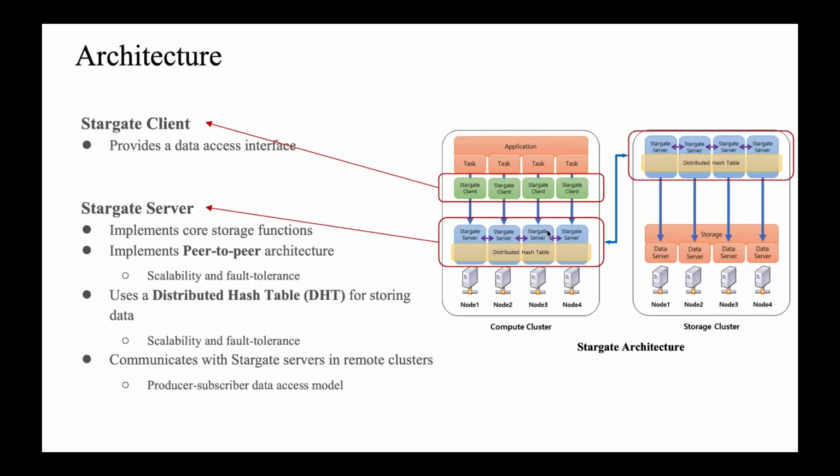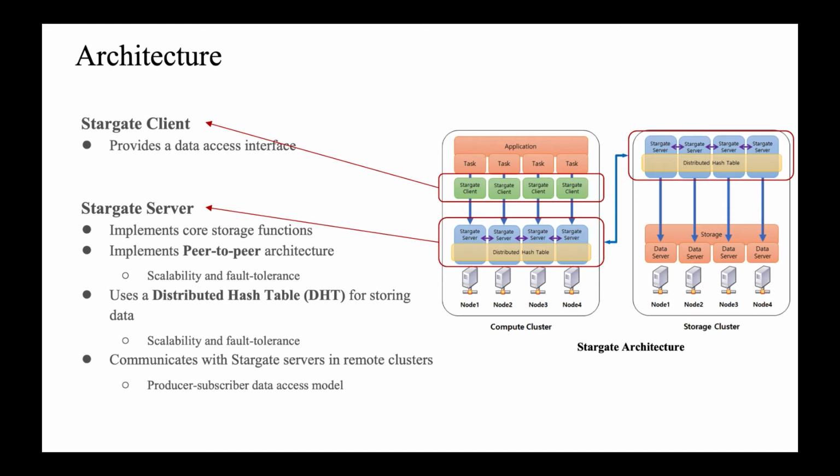Stargate consists of two parts, client and server. Stargate client provides a data access interface to computations, and it communicates with the local Stargate server. Stargate server implements core storage functions.